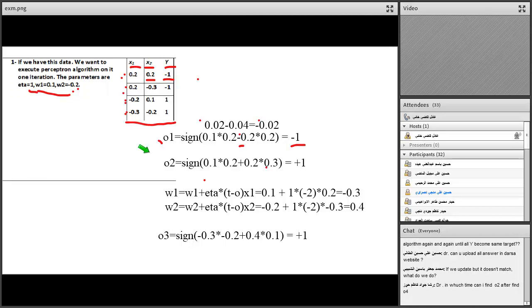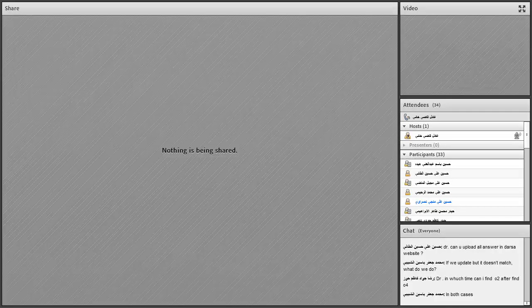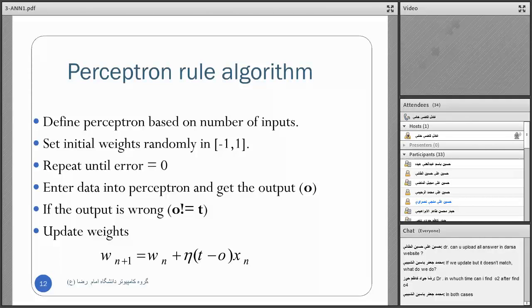Okay, let me show you the algorithm. Okay, this is the algorithm. In this algorithm, you see that this is a loop here.